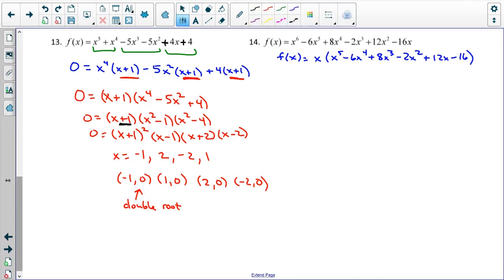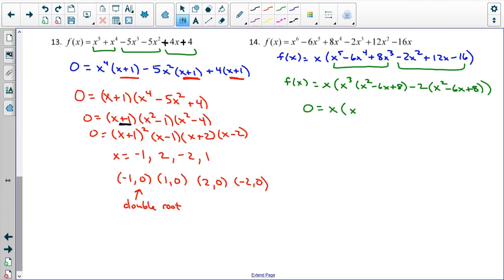However, I can factor this one by grouping if I recognize that if I take these two trinomials and factor out the greatest common factor of the trinomial, I take the x cubed out, and I'm left with x squared minus 6x plus 8. And then I factor out a negative 2 from the back half, and then I'm left with x squared minus 6x plus 8.